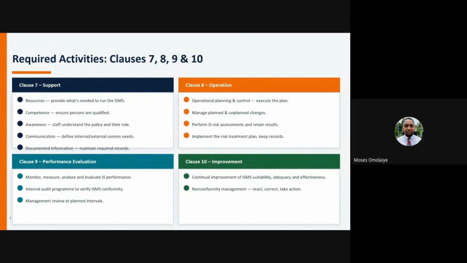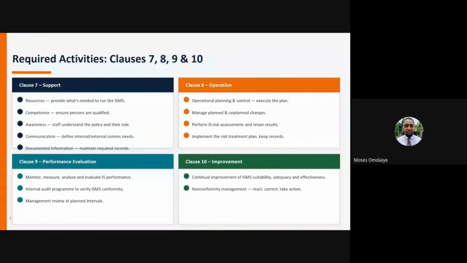Then you perform evaluation. So you monitor, you measure, then you analyze and evaluate the performance of the information security. And then you do an internal audit, because based on the internal audit, you know what is in conformity and what is not in conformity. And then management will review.